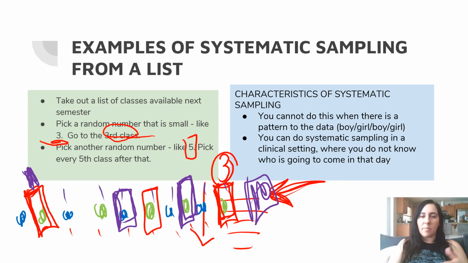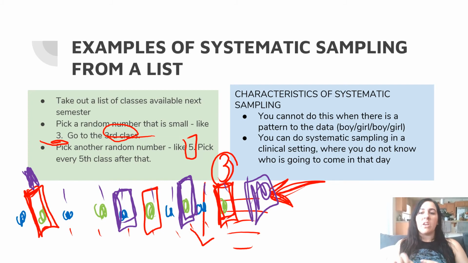So if you do have a pattern going on, you can't just choose any random number. You have to actually think about what number would work with this. And that wouldn't be random. That's not really a good sample, because you're being deliberate as to who is going to be included in your sample, and it kind of throws the whole thing off.